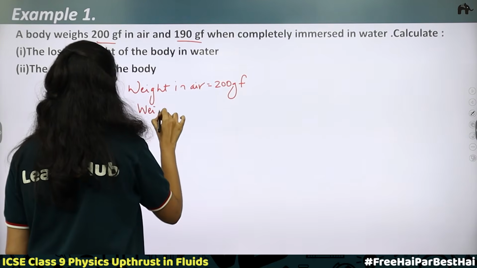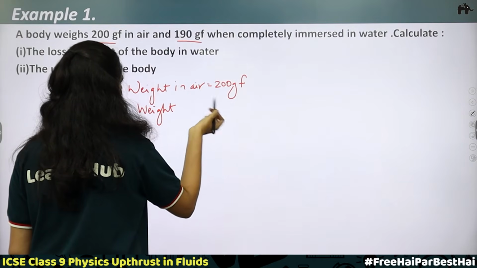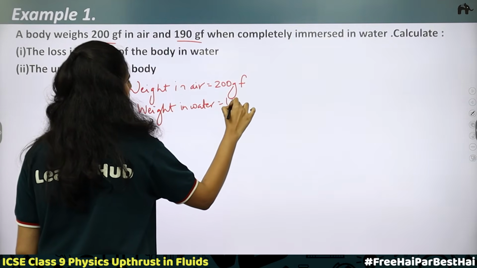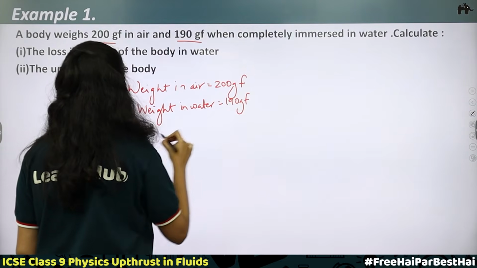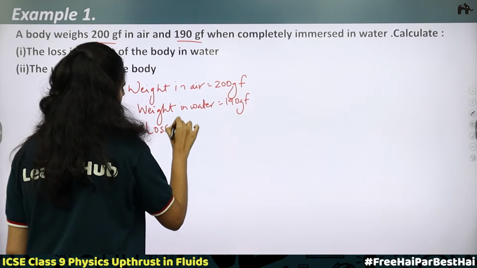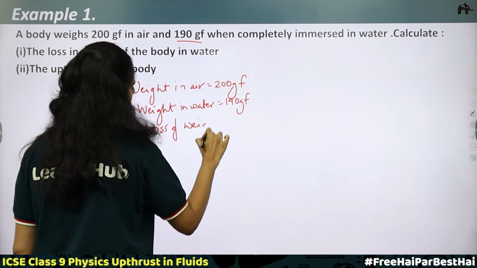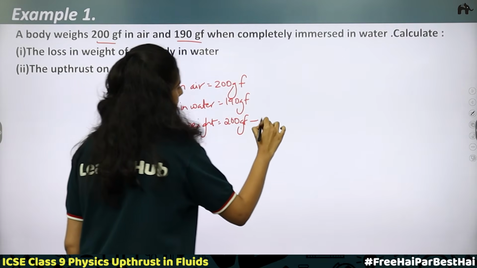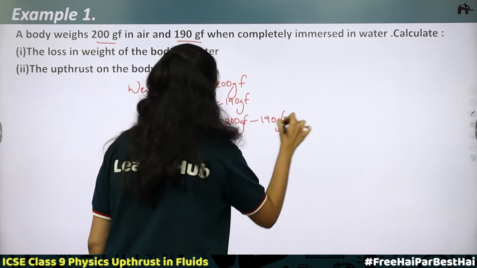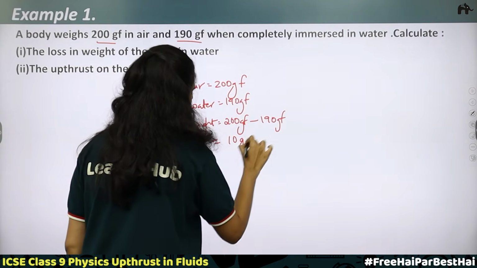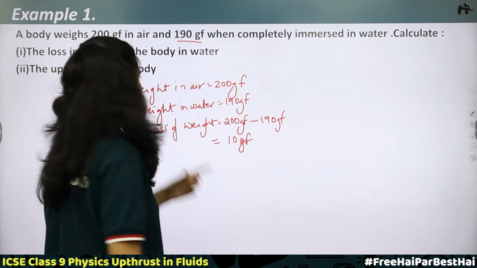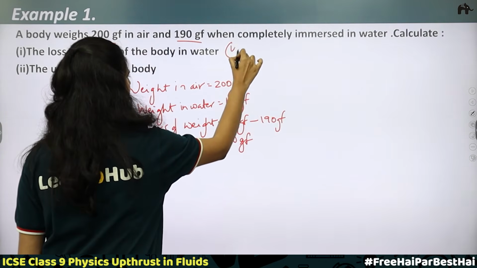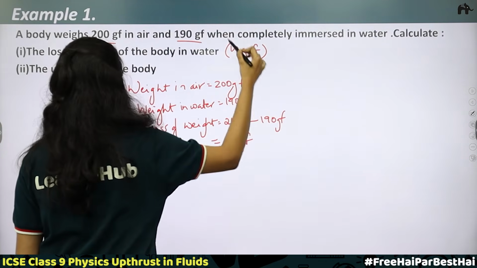Next, weight when completely immersed in water, that is weight in water, is equal to 190 gram force. Then what is the loss of weight? Loss of weight is equal to 200 gram force minus 190 gram force, which is equal to 10 gram force. This is the loss of weight, so the answer is 10 gram force.